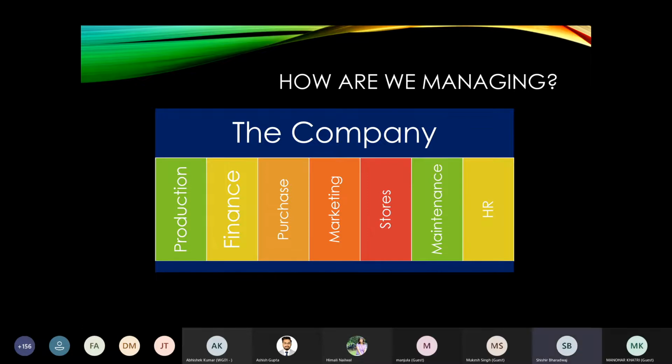But we are never told to look at the company as a whole. We focus on parts of the companies. In fact, our MBA programs are also designed the same way. They are not designed to manage the company. They're designed to manage HR or marketing or finance. Sales, maintenance, and stores are called non-sexy subjects.